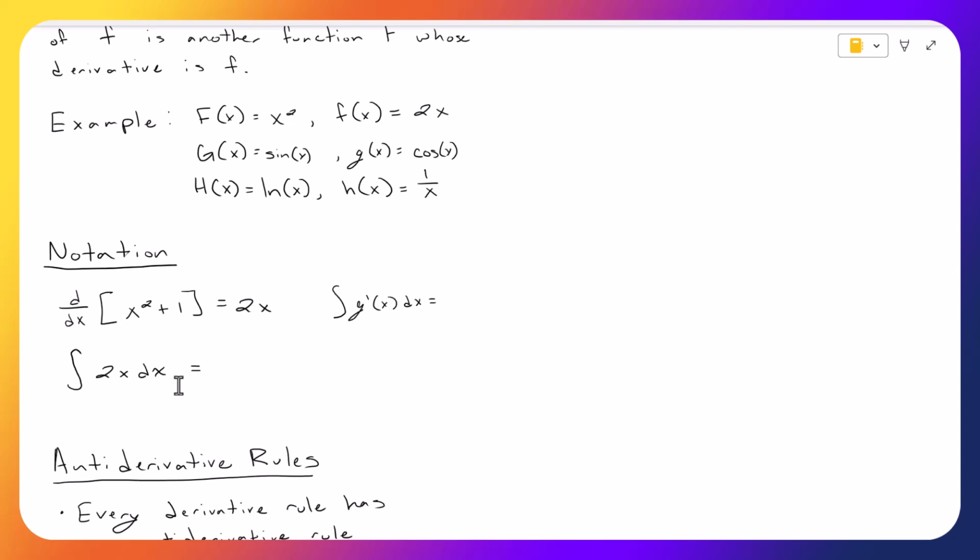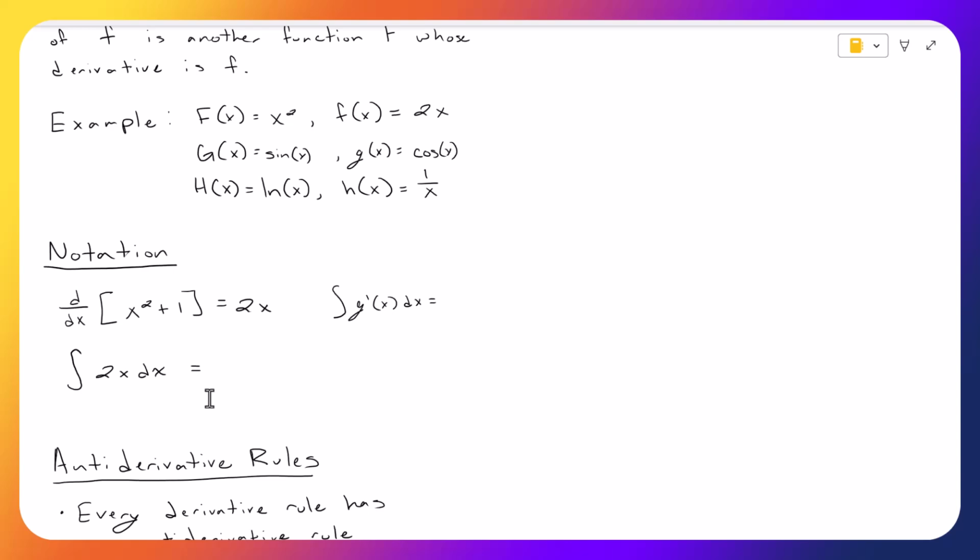The second way is I could just say, what's the integral of 2x dx? If I just say integral, that's implied to be indefinite, truthfully. So I'm really never going to say, or very rarely going to say, what's the indefinite integral, unless I really want to hammer home a point.